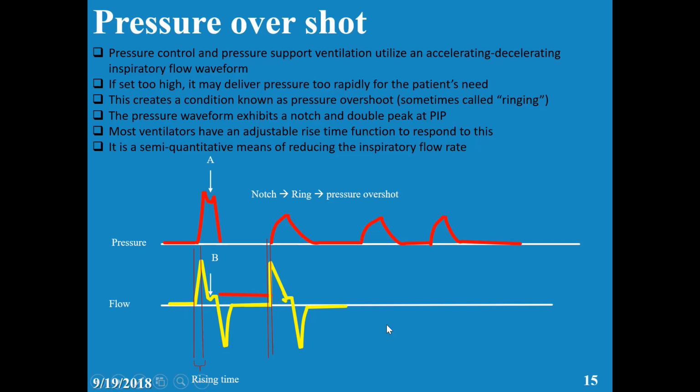If not, there is a problem. To solve this, either you increase the rising time or decrease the flow in the ventilator. Some ventilators auto-adjust for pressure overshoot. Do you understand the pressure overshoot?